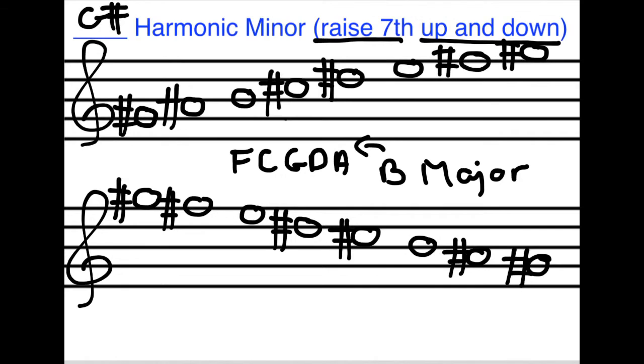Okay, there we go. So again, remember you have to raise the seventh going up and going down. Okay, so you can see that this is going to be quite strange for G sharp minor, because if you count 7 notes up from G, 1, 2, 3, 4, 5, 6, 7, you're hitting F, and F's already sharpened.